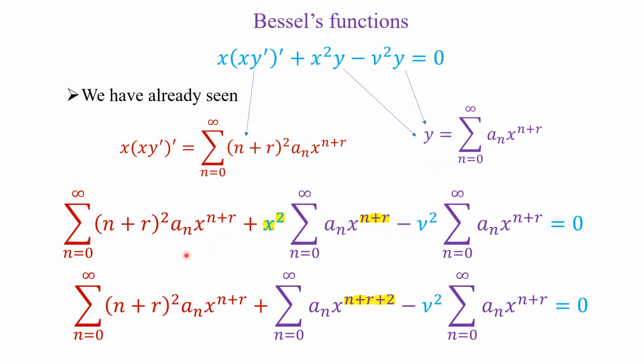So what I am going to do now is bring x squared inside the summation. So naturally here x to the power n plus r is there. So this will become n plus r plus 2 because we are bringing this x squared here. So this is the final expression we arrived at after some rearrangement and mathematical tricks.